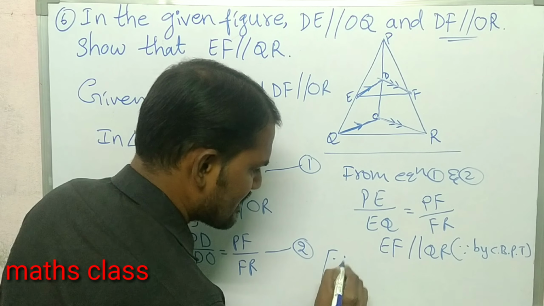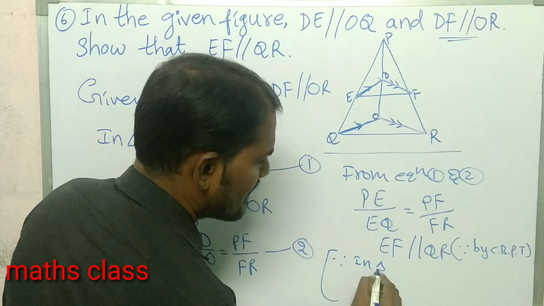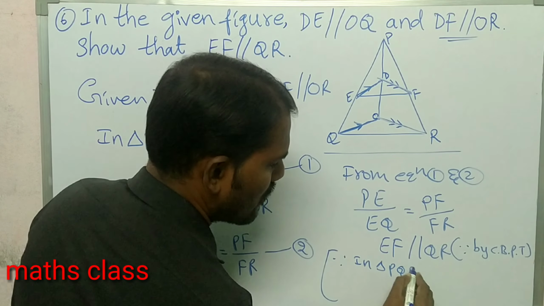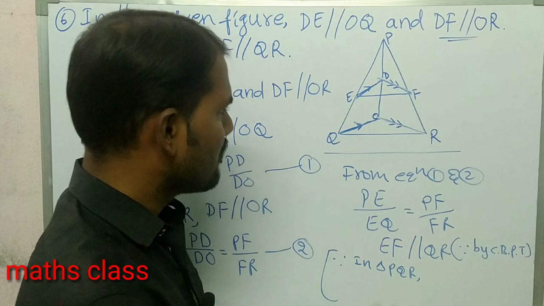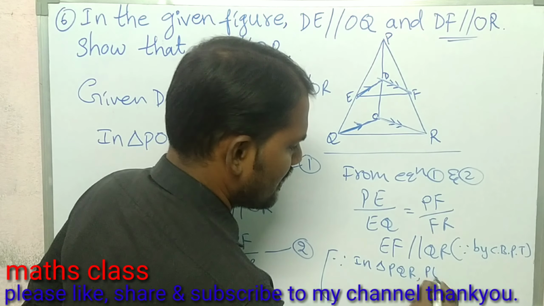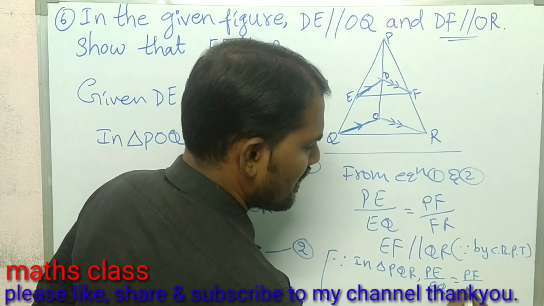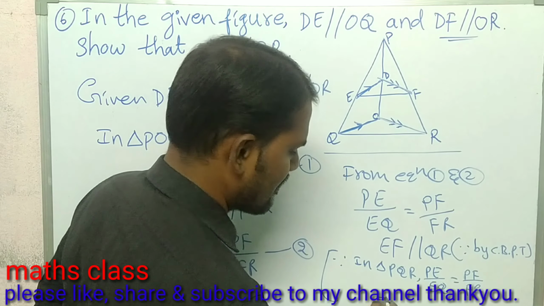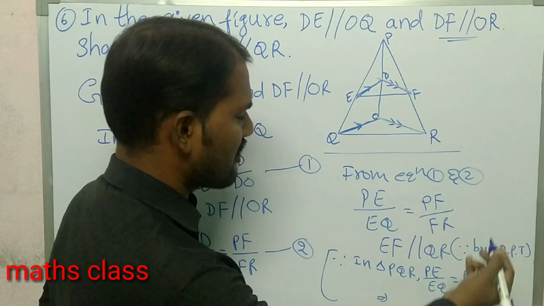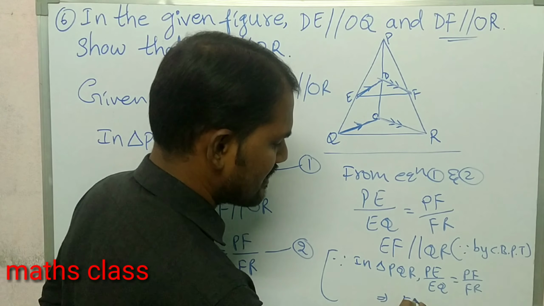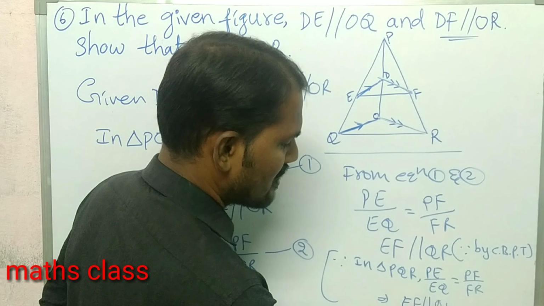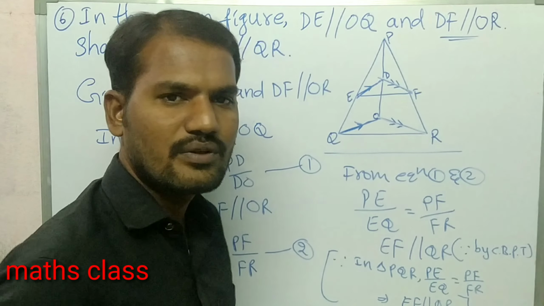What is the reason? Since in triangle PQR, PE by EQ equals PF by FR, by converse of Thales theorem we can write EF is parallel to QR. Okay, thank you.